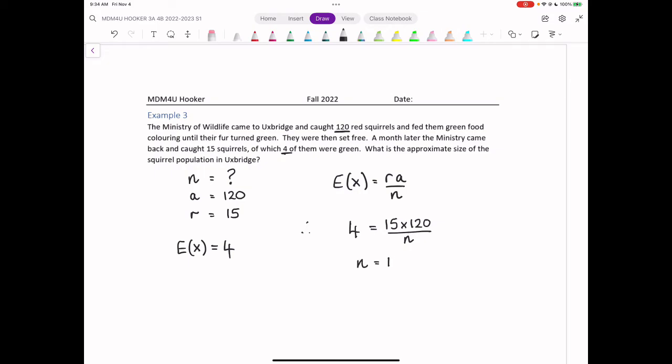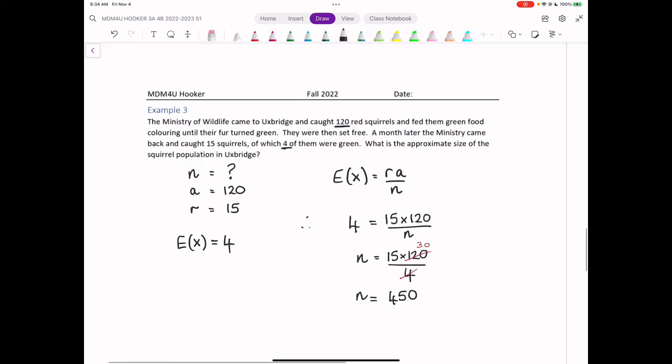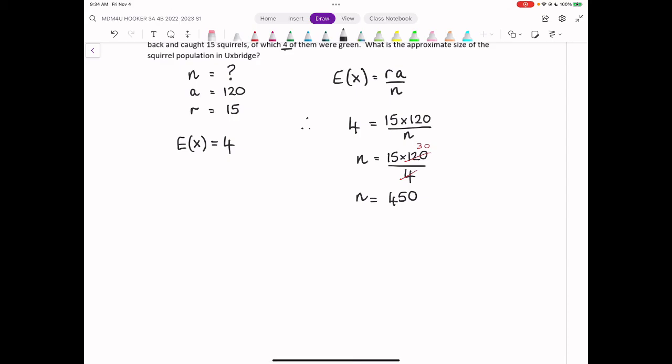So N equals 15 times 120 divided by 4. And then if you want to slash and burn and do a little bit of division, then you can, and solve it that way, or just put it straight into your calculator. I don't mind. 15 times 30 is 450, I believe that is. Check that on your calculator just in case.